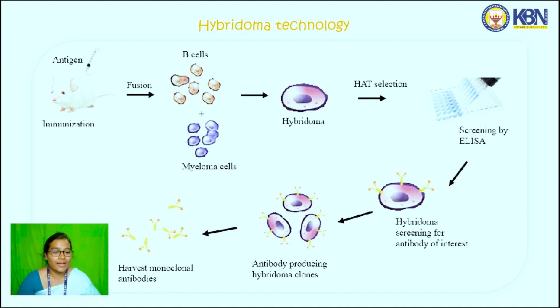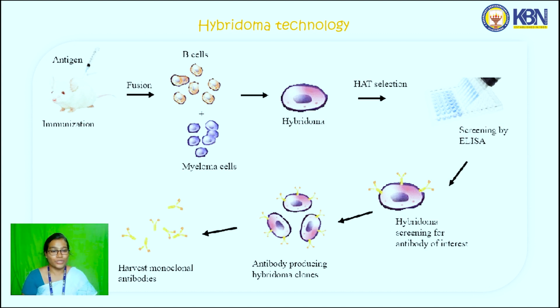We need another kind of cells as well. Why? B cells are short-lived. They have a particular life cycle and then they die. Even if we have B cells which can release antibodies against cancer, after a few days they will die, right? But if they die, we cannot acquire those particular B cells frequently. That's a painful process for the patient, even for the animal.